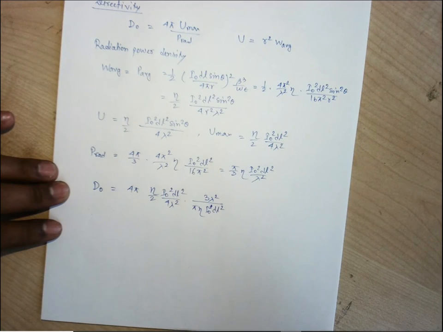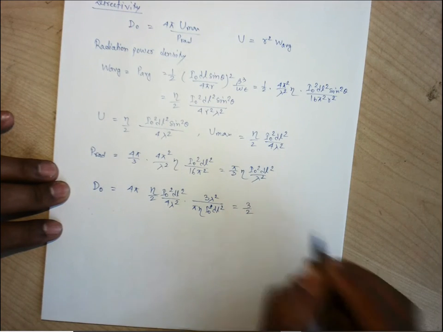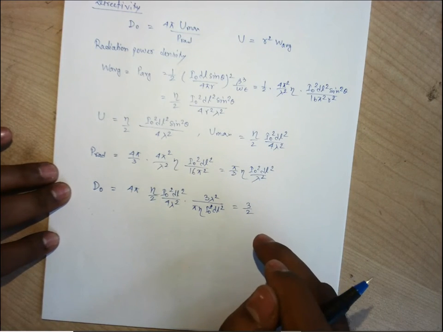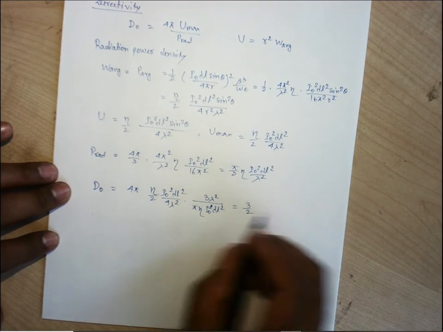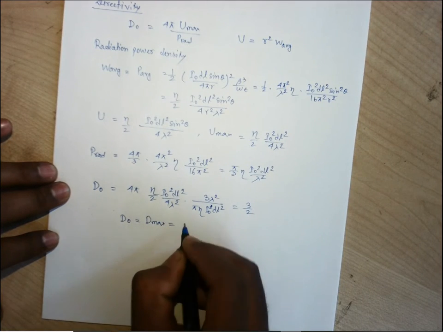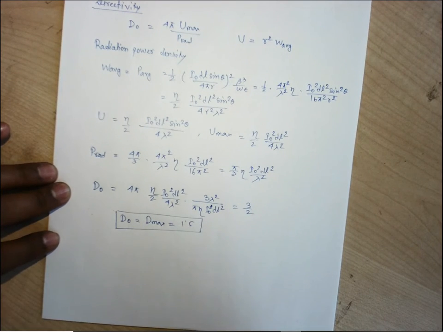Whole of these things will get cancelled, and it will remain as 3 by 2. Okay. So this is the maximum directivity of that Hertz dipole. D naught or D max is equal to 1.5.